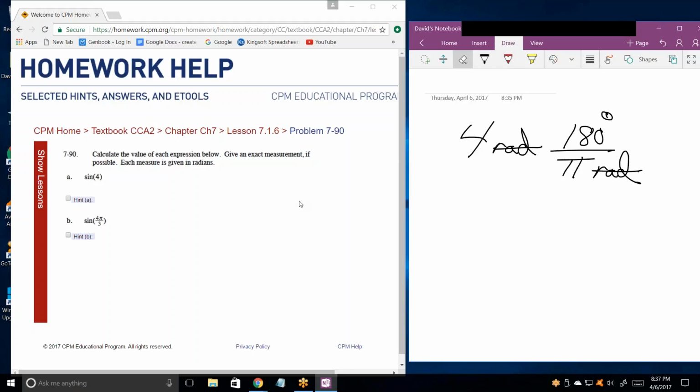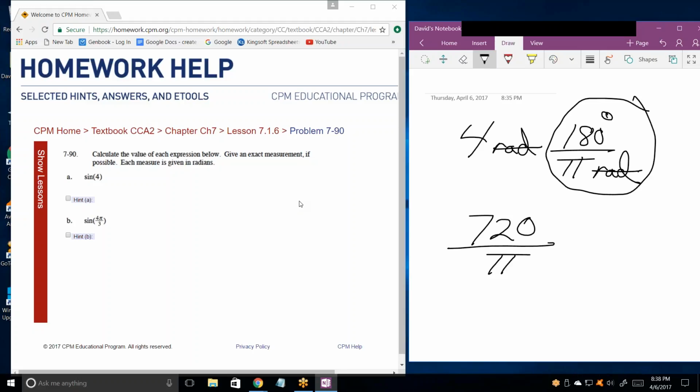This is the normal conversion factor, if you do it the way they teach you in school. Every time you're converting, you're either using 180 over pi, or if you're going from degrees to radians, you're using pi over 180. So this answer actually is 720 over pi degrees. Well, I don't know the exact answer to that, nor do I have any way of figuring it out.